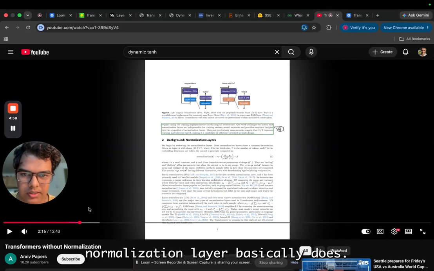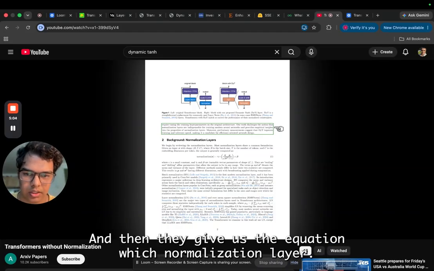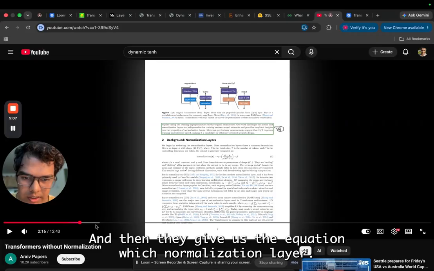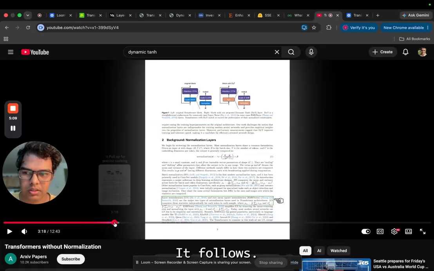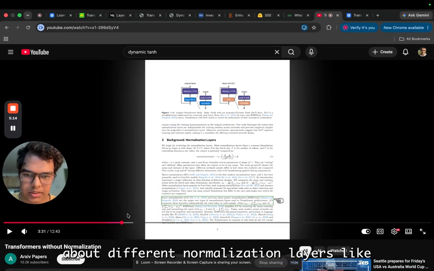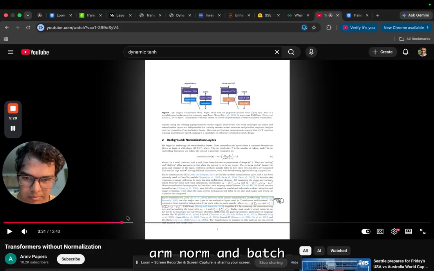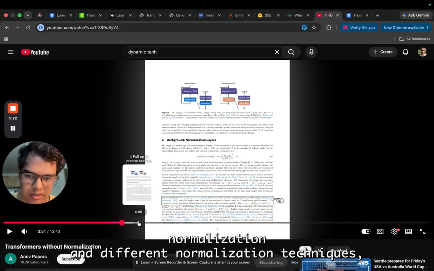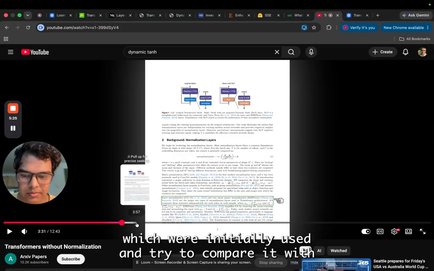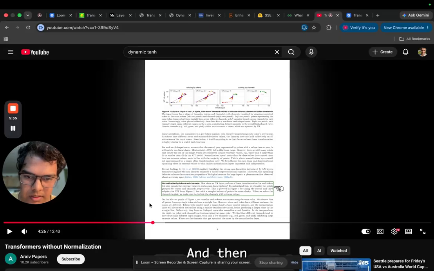They explain what a normalization layer basically does and give the equation which it follows. Later on, they discuss different normalization layers like RMSNorm and batch normalization, and different normalization techniques which were initially used, and compare them with the dynamic tanh normalization.